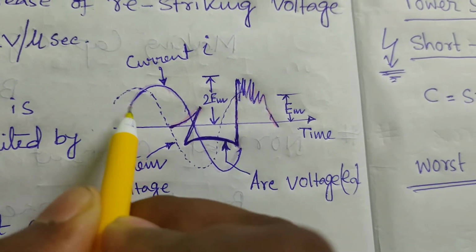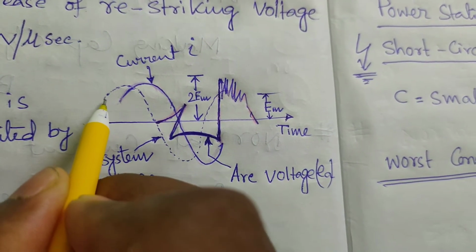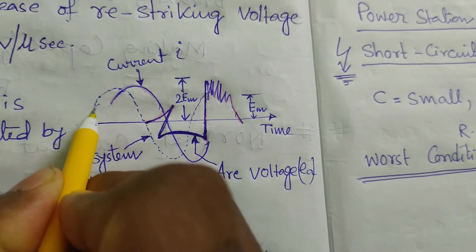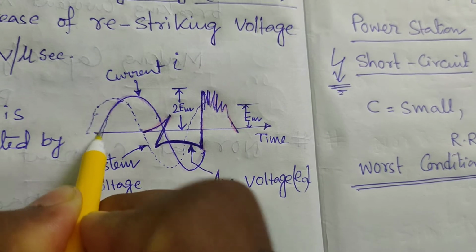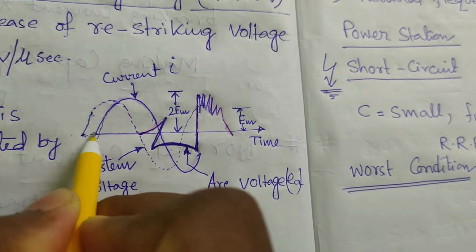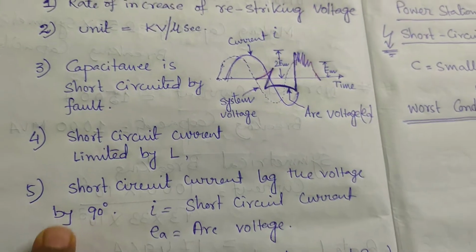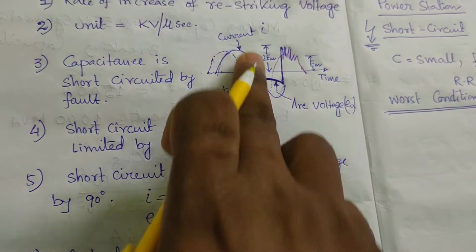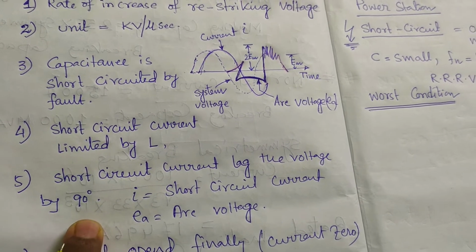As I have drawn in the diagram, this is the sinusoidal voltage waveform, the system voltage, and this is the current waveform. The current is lagging the voltage. This is the short circuit current, and the short circuit current lags the voltage by 90 degrees.